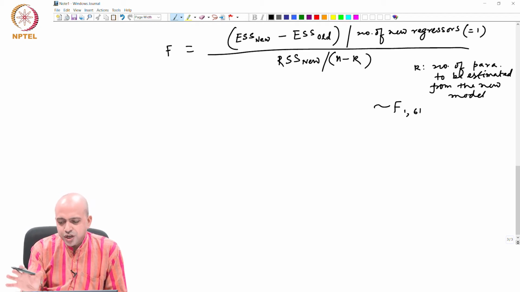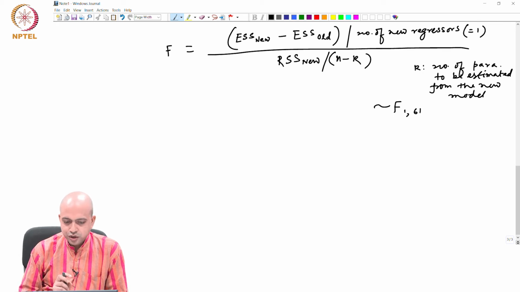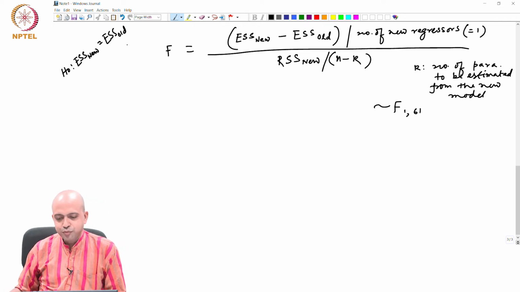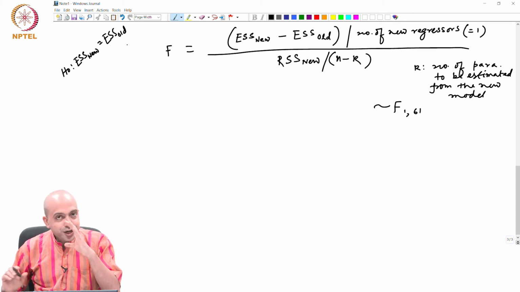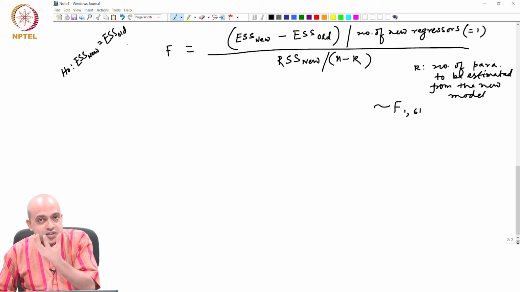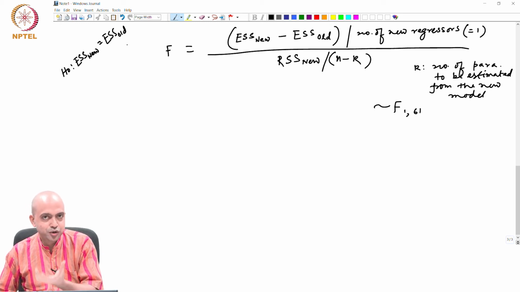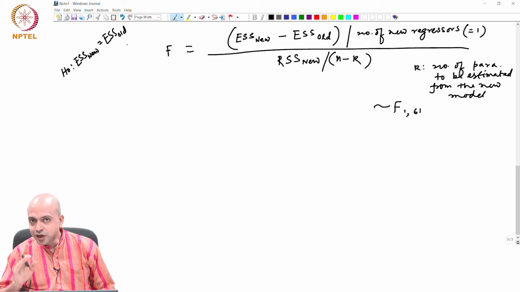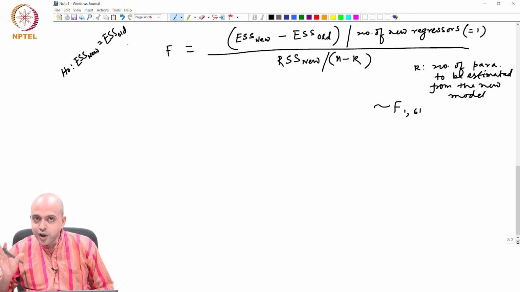What is the logic of this? Here the null hypothesis is that ESS new equals ESS old. What is our claim? Our claim is that PGNP brings a significant contribution in terms of the explanatory power of the model. Knowing that FLR is already there in the model, we are trying to add PGNP.